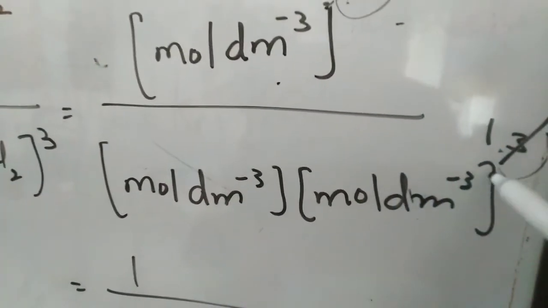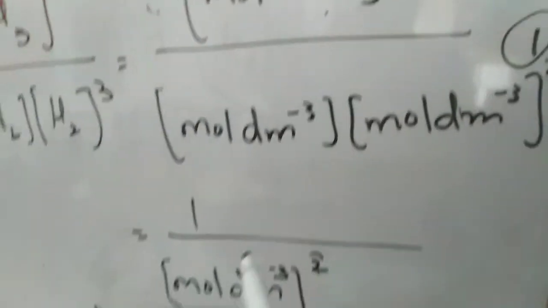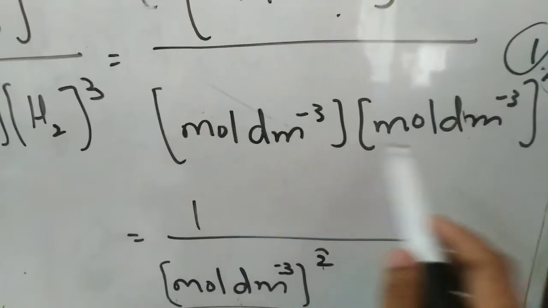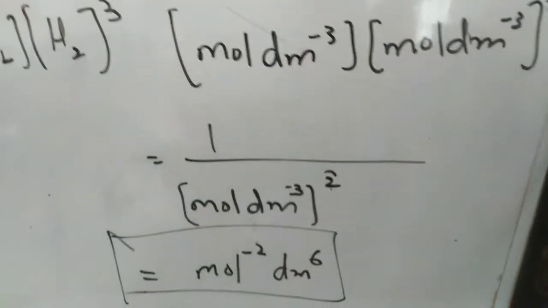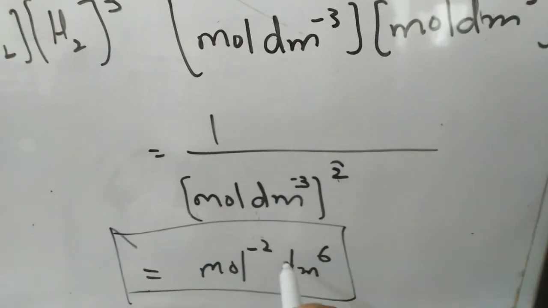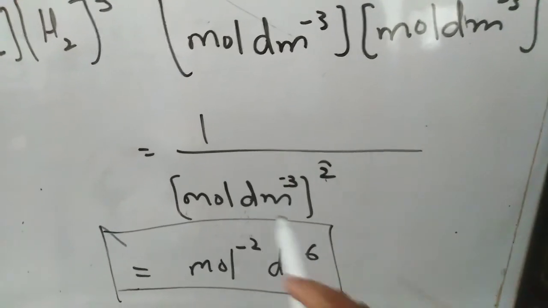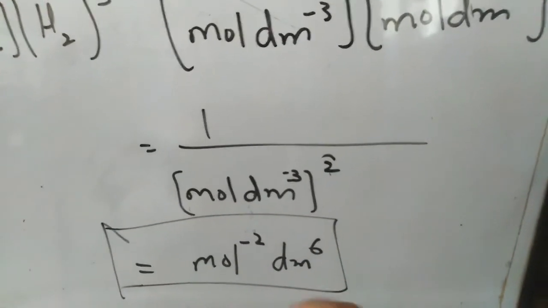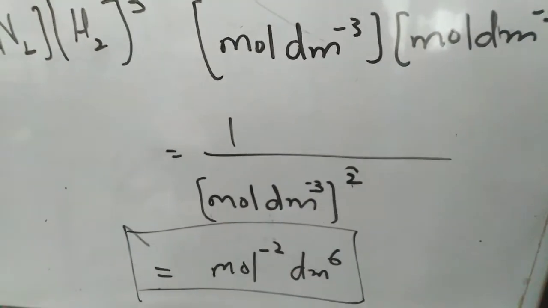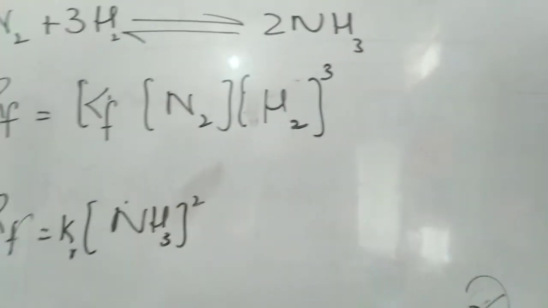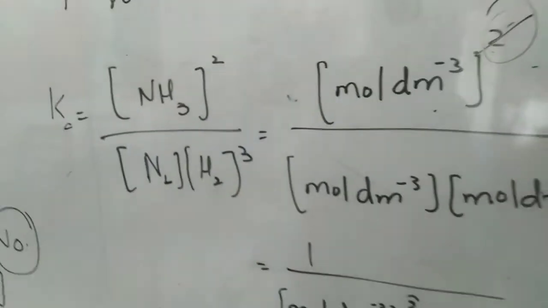This 2 and this 3, the remaining is 1, and then we will write it, because bases are same, so powers can be added, like this, mole per dm cube to the power minus 2, that is mole square per dm 6. This is the unit for the Kc of the ammonia reaction, which is written as above.